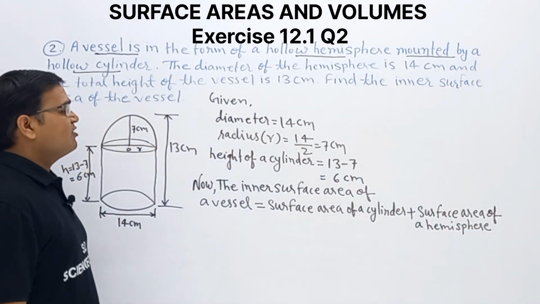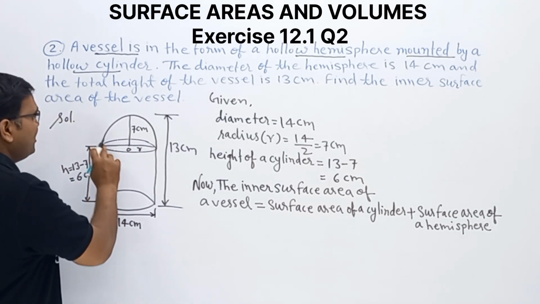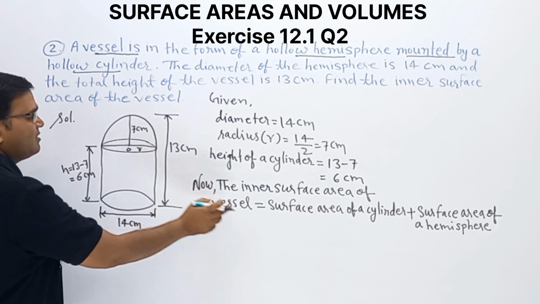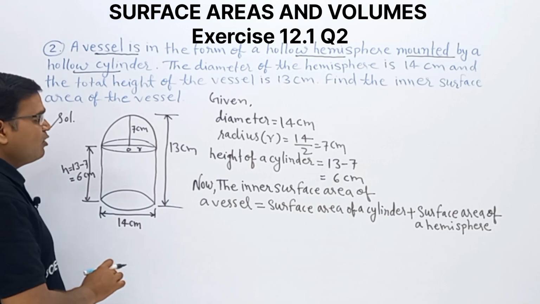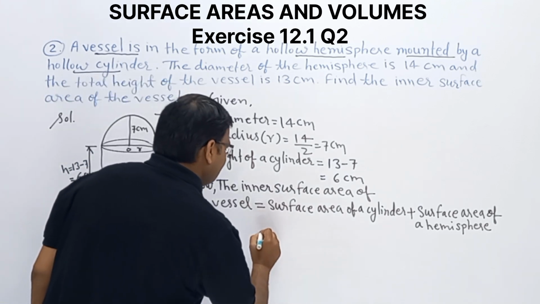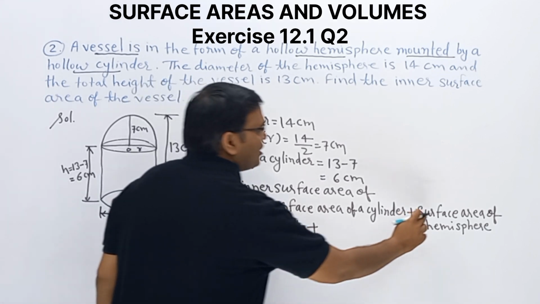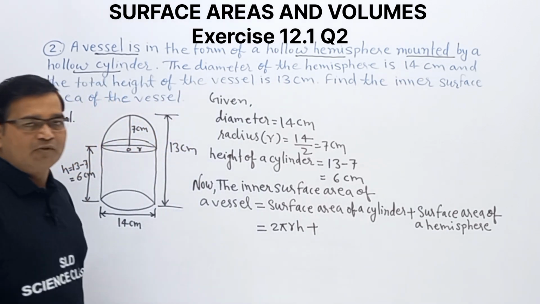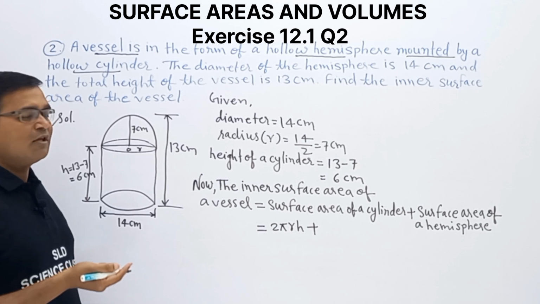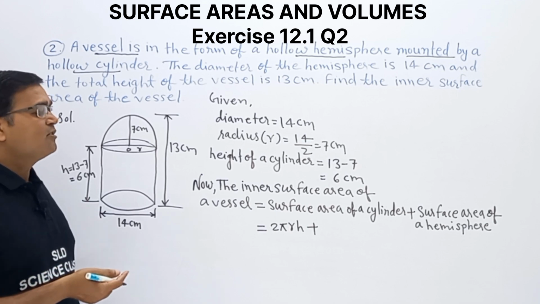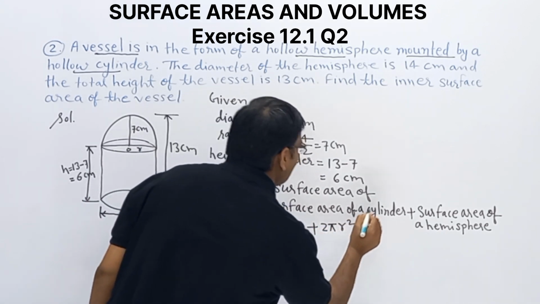Observe, the inner surface area of a vessel we want. So how will we find it? The inner surface area of the cylinder is the curved part, so the curved surface area of the cylinder is 2 pi rh, plus the surface area of the hemisphere. The surface area of a sphere is 4 pi r square, so the surface area of a hemisphere is half of that, 2 pi r square.